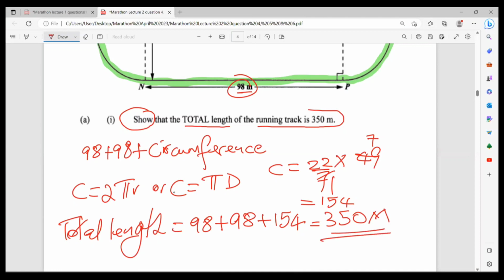Now, you can do it, that's it. But what if you wanted to find the semicircle and then double it? You can do it if you want. But if you understand that since the two semicircles are of the same size, then you could just find one circumference. You're good to go.